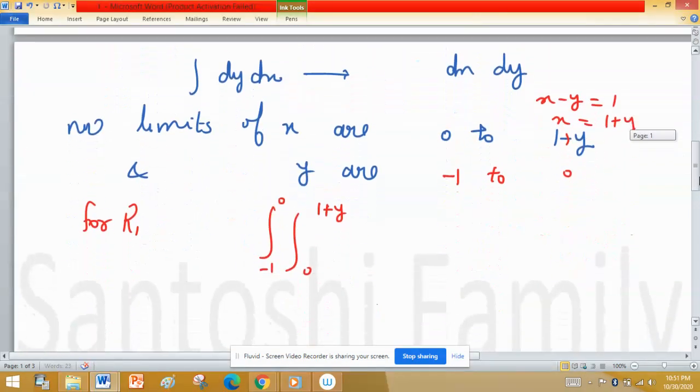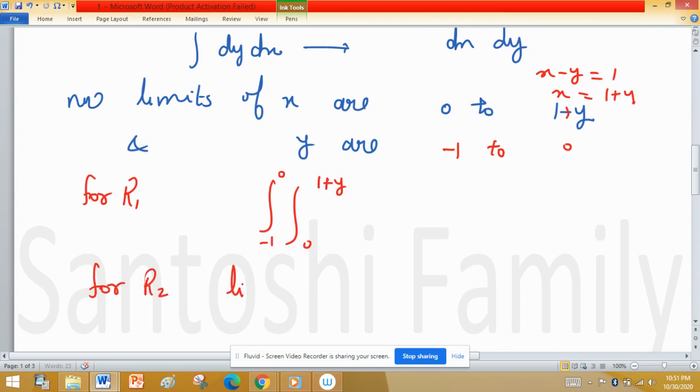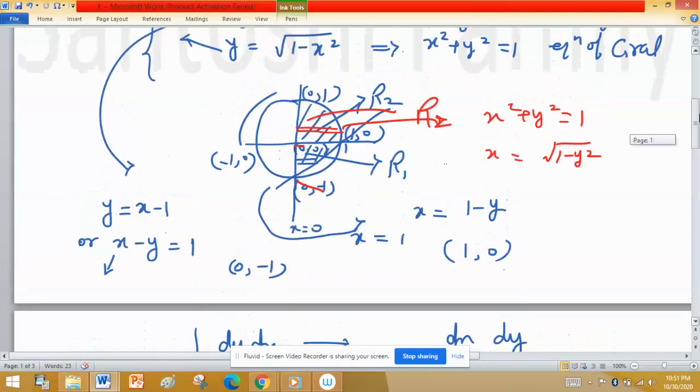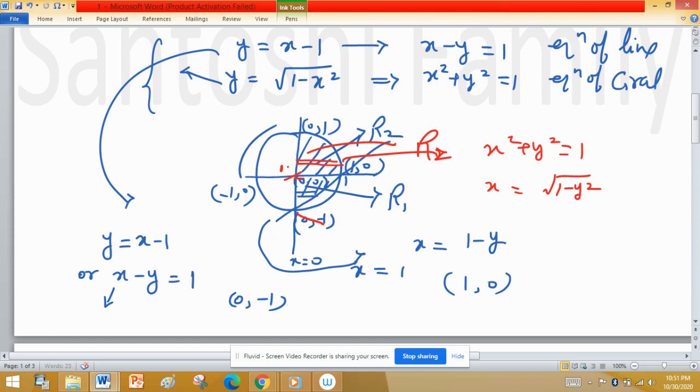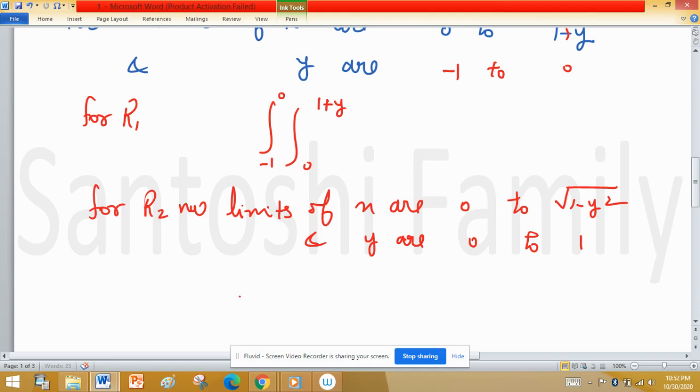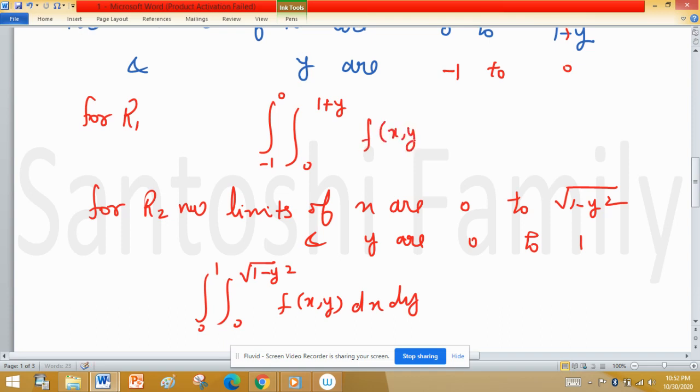So the new limits of x are from 0 to square root of 1 minus y square, and the limits of y are 0 to 1. So the integral will be x from 0 to square root of 1 minus y square, and y from 0 to 1, of f of x y dx dy, and this is also f of x y dx dy.